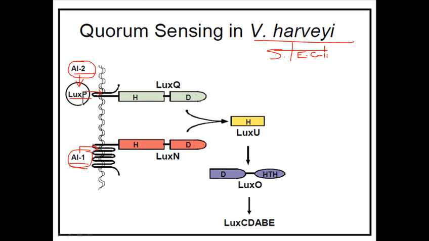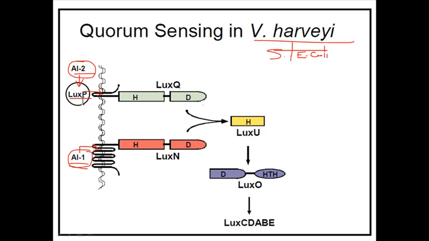But in this case, the system is considered in a slightly different manner than the previous scheme. So here again the autoinducer 2 molecule attaches with LuxP, and the LuxP then attaches with the receptor, and finally it triggers the kinase activity.